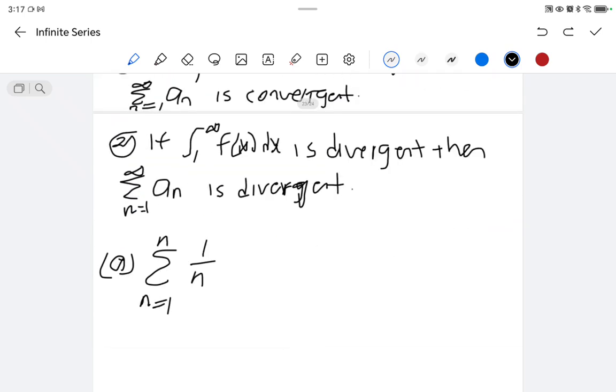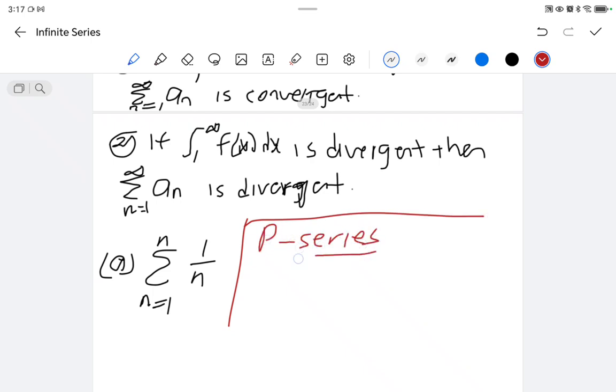So what we can do here is first discuss the p series. When we talk about the p series, you should know that here we have a p. The p series is like that. For the p series, we have two conditions under which it will converge or diverge.